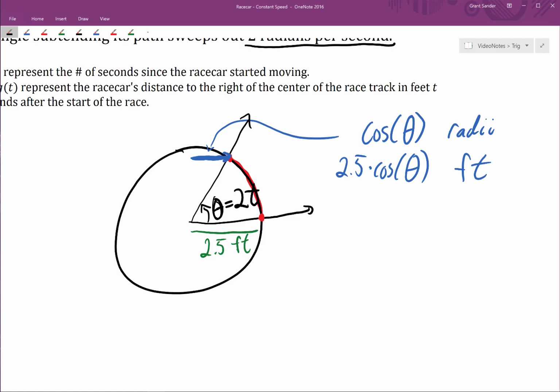However, we just decided that theta and 2t both represent the radian measure of that angle. Therefore, anywhere we see a theta, we can actually replace it with a 2t without changing the meaning. So here we could replace that theta with a 2t. Now in this case, 2.5 times cosine of 2t gives us the race car's distance to the right of the center of the racetrack in feet in terms of the number of seconds t.